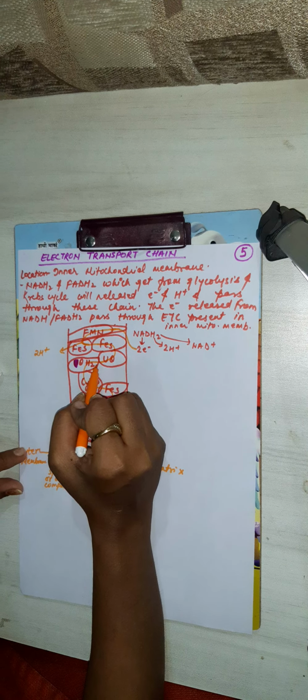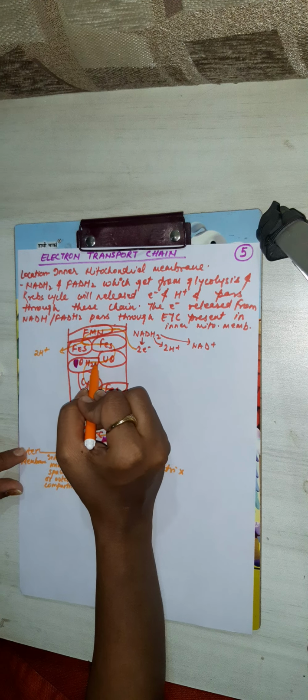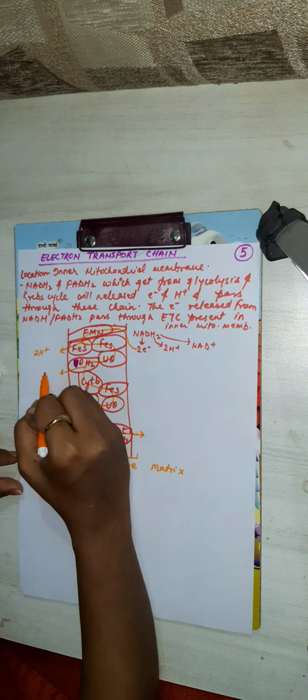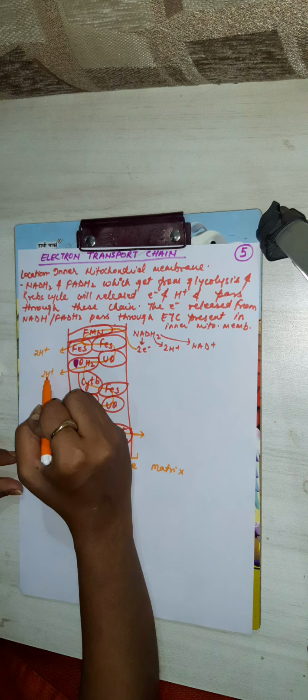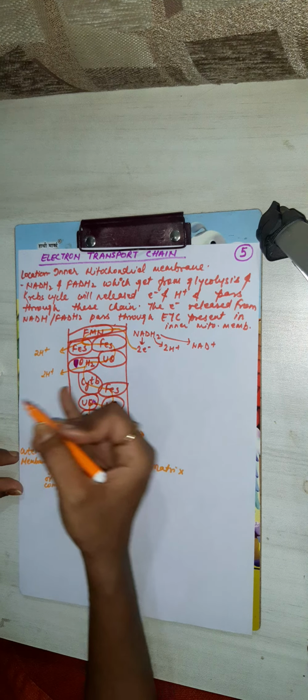Now the electron will pass again, and from here to ubiquinone, the energy is released when the electron moves, and it will pump 2H plus ions again from here to here.